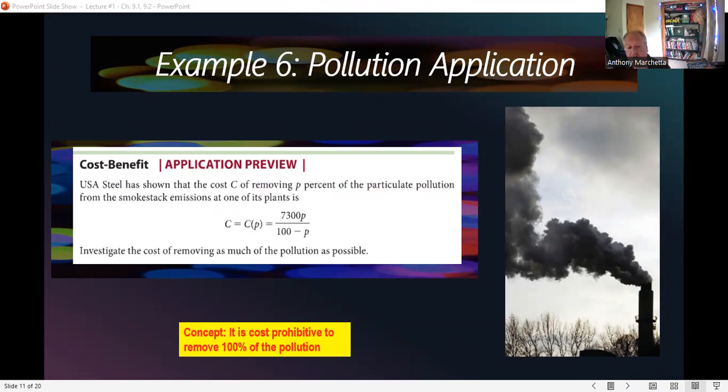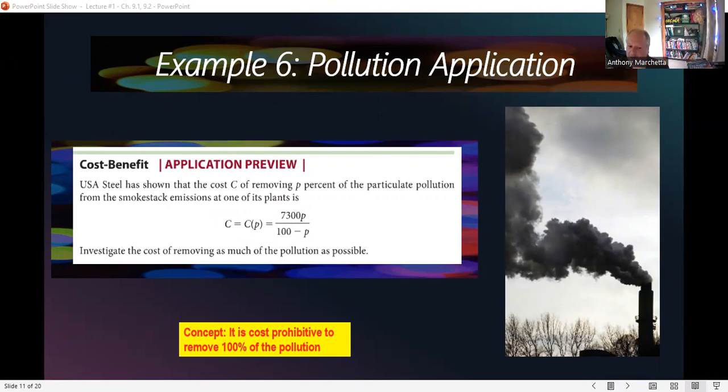USA Steel has shown that the cost C of removing P% of the particulate population from the smokestack emissions of one of its plants is this function. And we see it's C equals the function in P. Investigate the cost of removing as much pollution as possible. So one thing we have to think about is, in an abstract way, as much as possible in terms of P% kind of means approaching 100%.